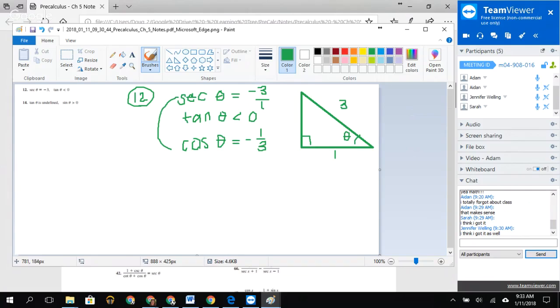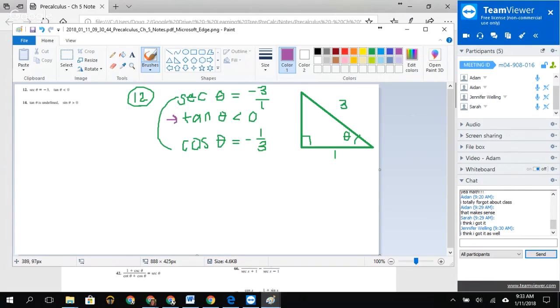But we do need to figure out where it goes so that when we identify our other trigonometric functions, we know where the negative belongs. So the trick to figuring out whether the negative sign belongs to the 3 or the 1 lies in our tangent.